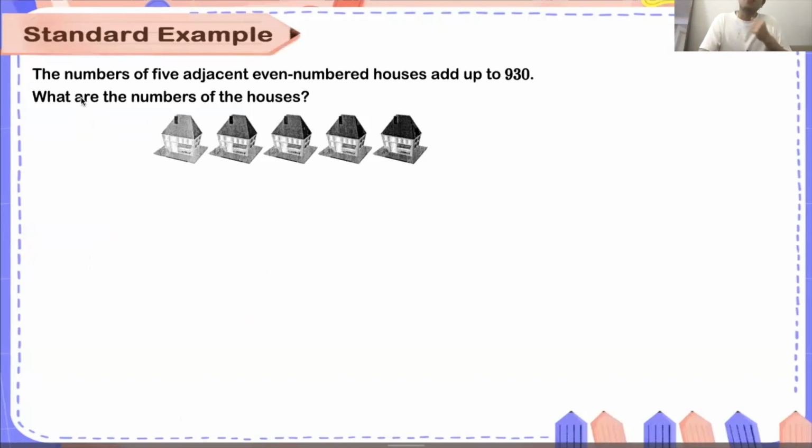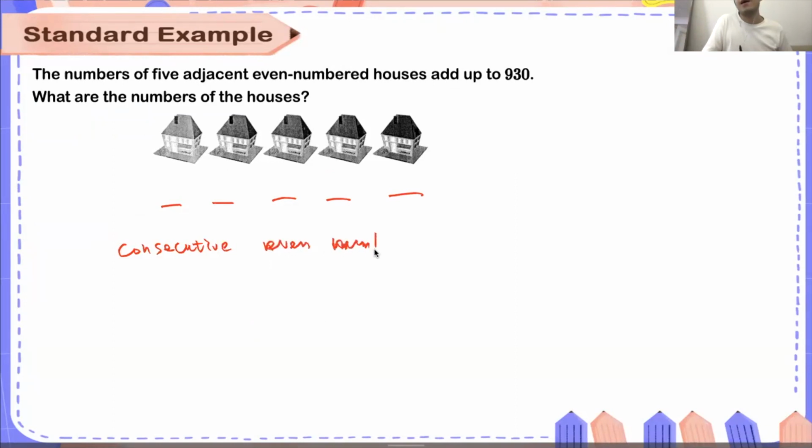We have 5 adjacent even numbered houses that add up to 930. Okay, we have 5 adjacent even numbers. So what does that mean? That means these 5 numbers are consecutive even numbers.